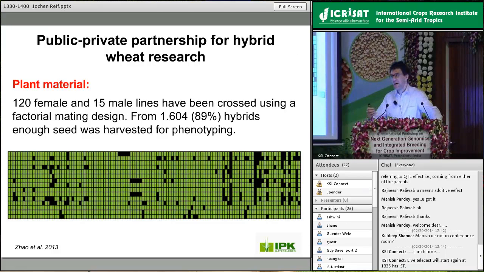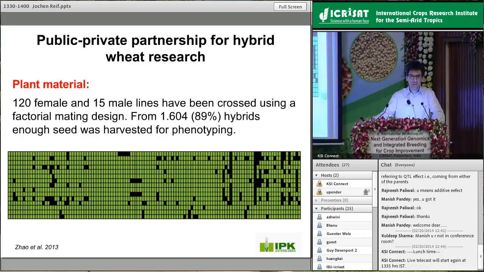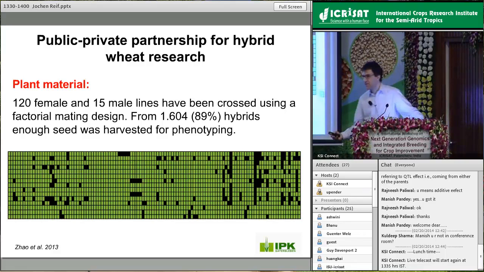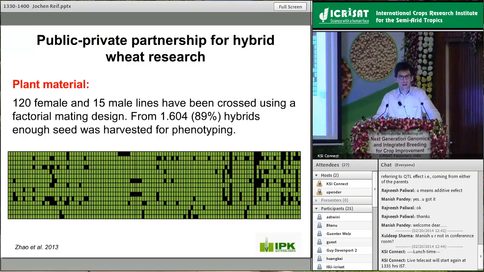That was a joint project between 4 breeding companies and 2 research institutions. The first thing we had to do was search for the right material for hybrid production. That's not so easy in wheat. It's difficult to find good male lines in wheat which are really outcrossers.